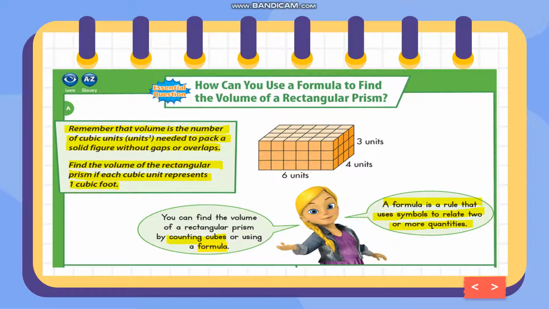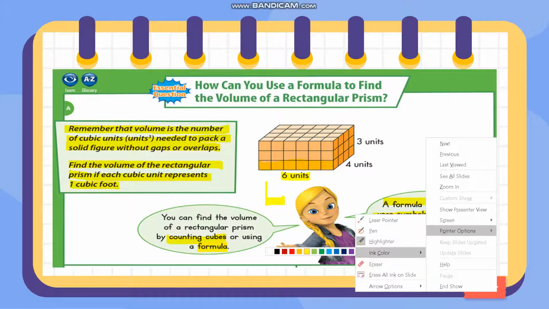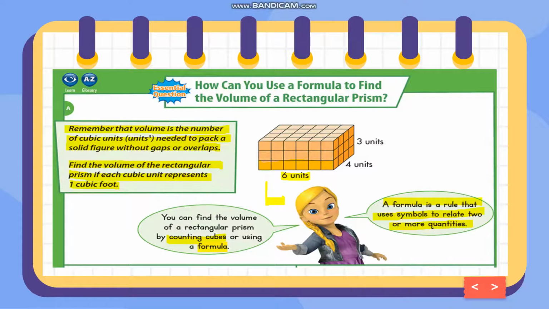So look at the example here. I have 6 units here. This is my length. So I have 6 units because I have 6 cubes here: 1, 2, 3, 4, 5, 6. That is considered as my length. Now, look at your width. Your width is this part.